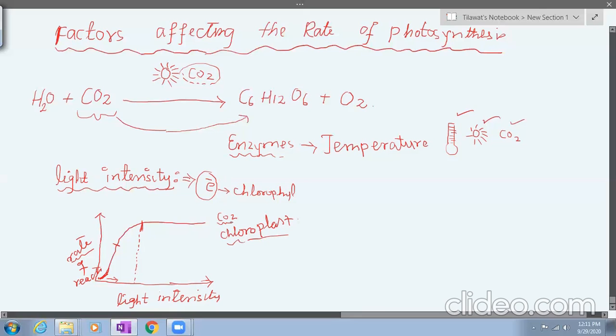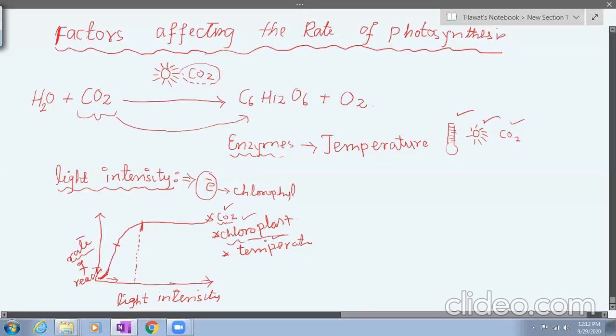Is it clear? Maybe it may be temperature. That's why my reaction rate is not increasing. Am I clear? So when the graph becomes flat, the rate limiting factor may be this, or this.